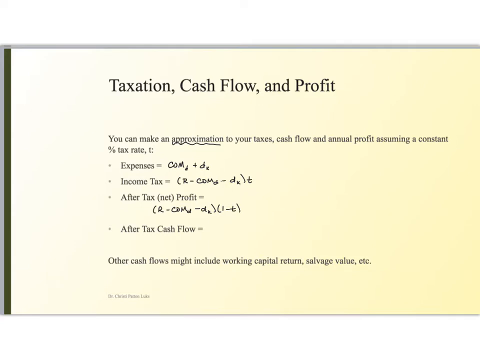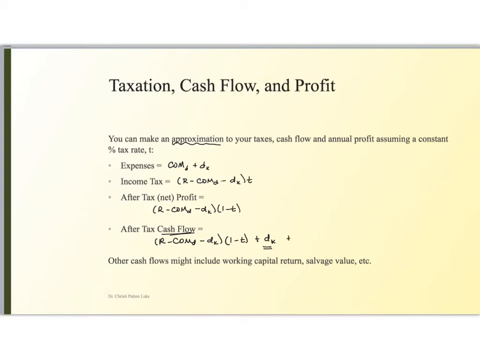So your actual after-tax cash flow is this after-tax profit, R minus cost of manufacturing without depreciation minus your depreciation times 1 minus T, plus the depreciation, because really you didn't pay that money out. So for your after-tax cash flow, you bring back the depreciation.